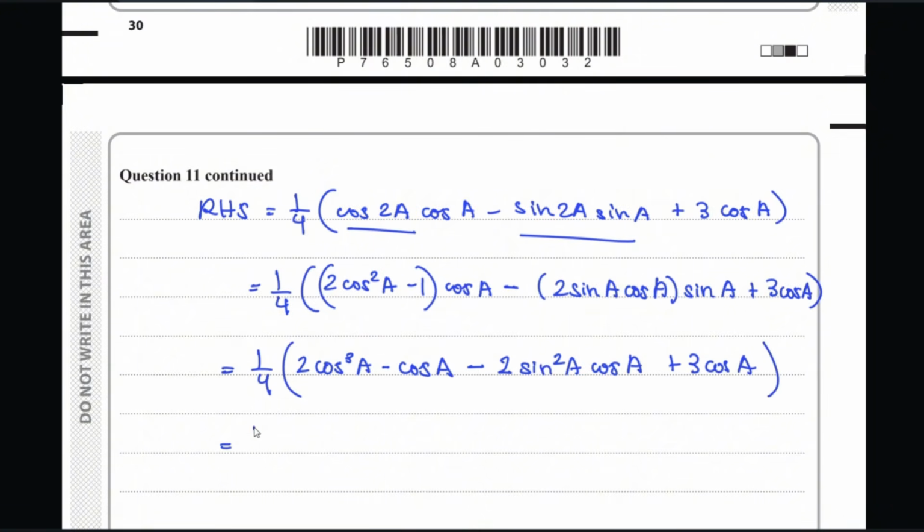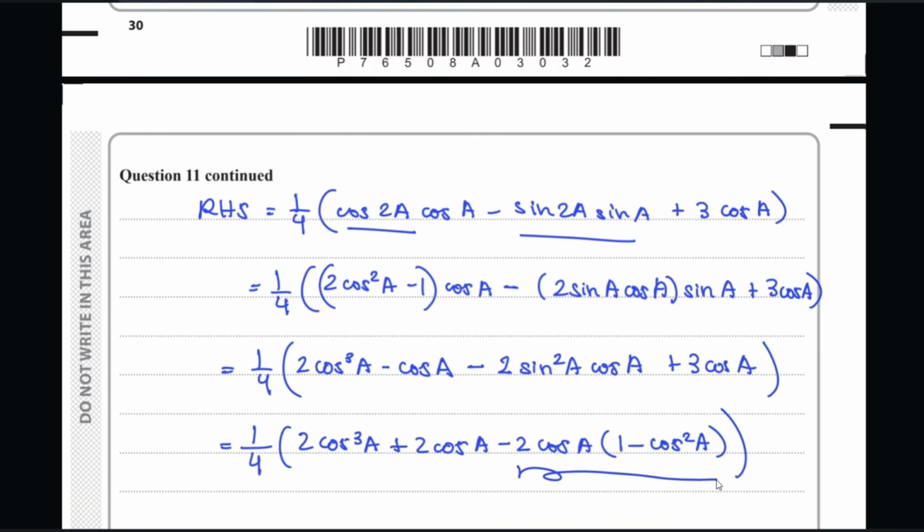Next, 1 over 4, 2 cos cubed a. Let's write that down. 2 cos cubed a. We have minus cos a plus 3 cos a, and that turns into plus 2 cos a. And then we have sine squared a. That can be turned into 1 minus cos squared a. So we have minus 2 cos a multiplied to 1 minus cos squared a.